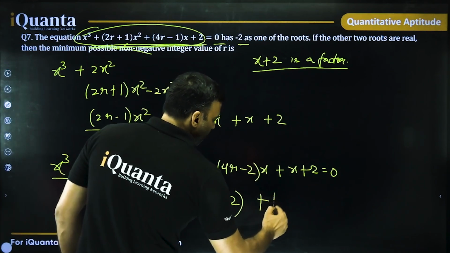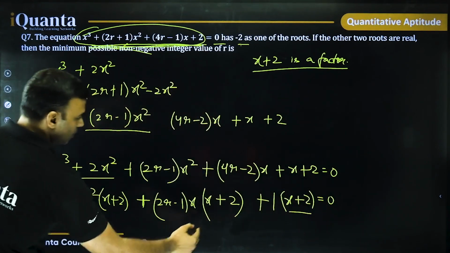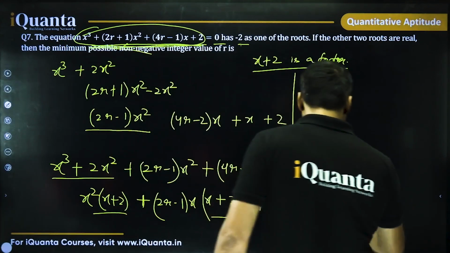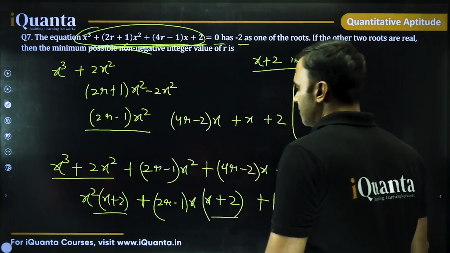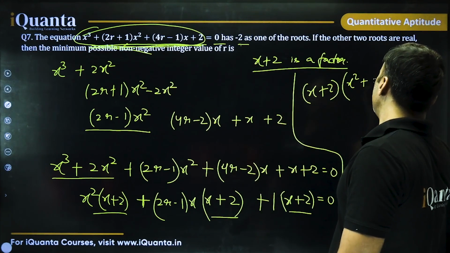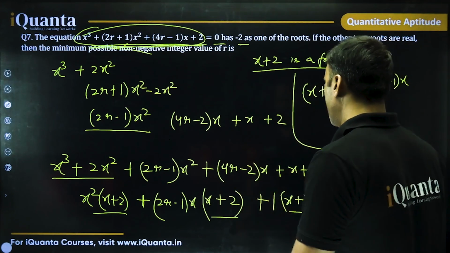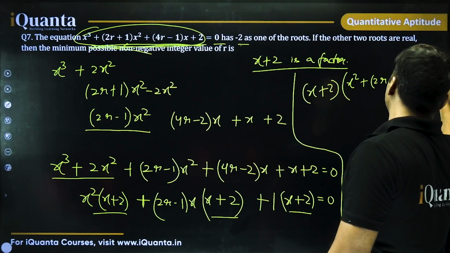Plus 1 into x plus 2. So what happens? We get x plus 2 completely out. Okay. So x plus 2 into, inside we will have x square plus (2r minus 1) into x plus 1. That is equal to 0.